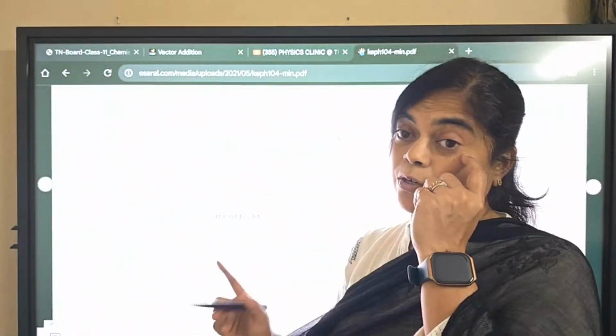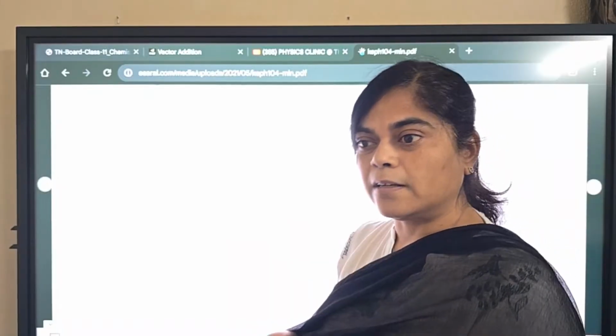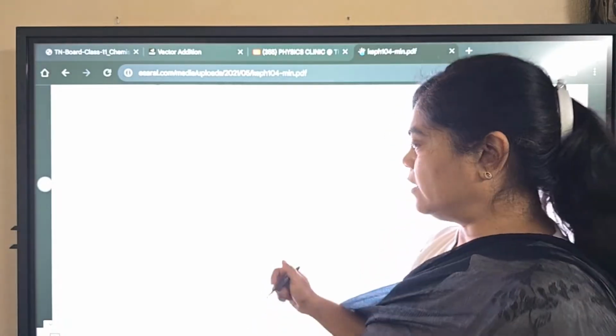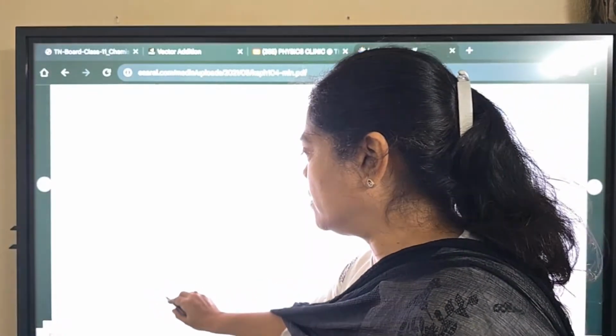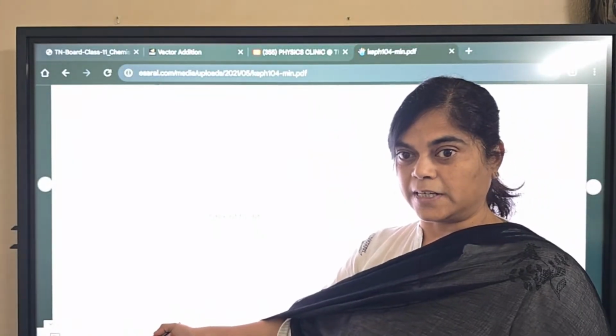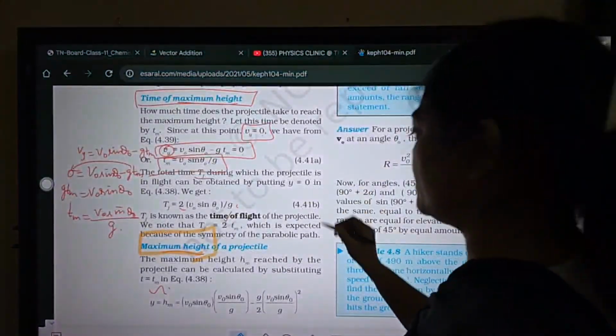Maximum height means it talks about the y-axis. Height is like a distance, a displacement. Then what is the first displacement? Y equals, the second equation you have written, right? What is the equation you wrote?